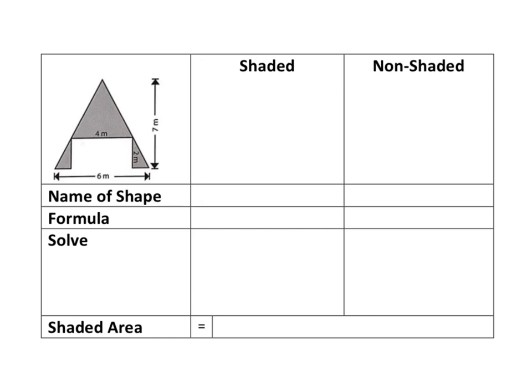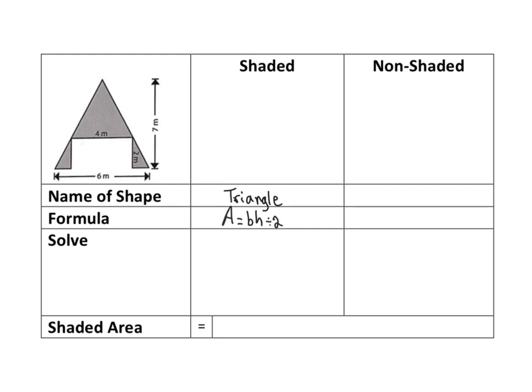So we have the name of the shape, the first one, the shaded one, is the triangle. The formula for a triangle, area equals base times height divided by 2. And now let's solve it.